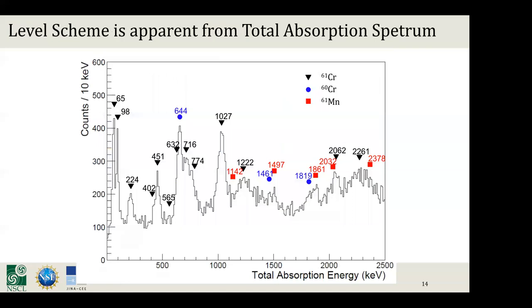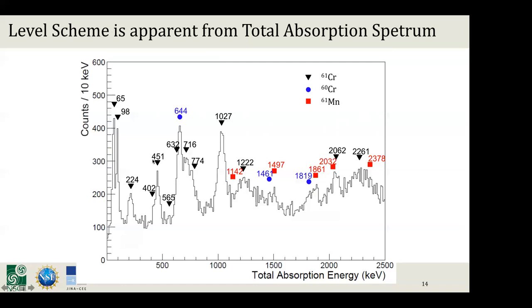And so the nice thing about SuN is that because it has such an amazingly high efficiency, you don't necessarily care so much about individual gamma rays in each cascade. You just look at the sum energy, so it detects all of the gamma rays. And if you look at the peaks in the total absorption spectrum, you essentially reproduce the level scheme of the nucleus.